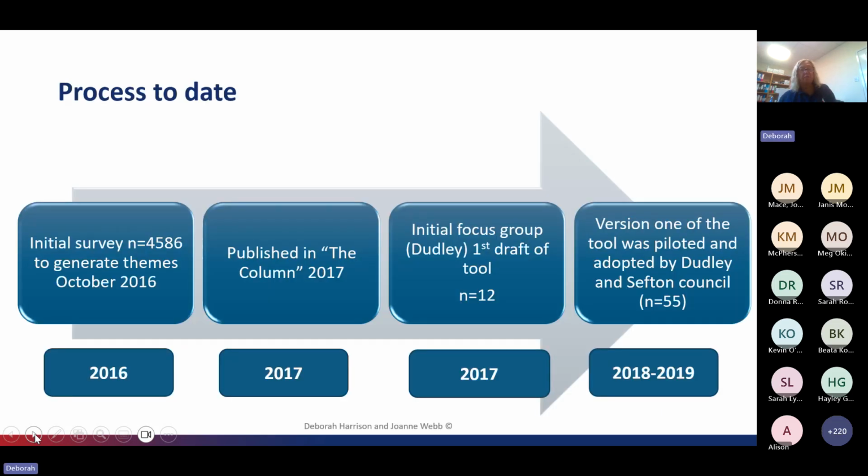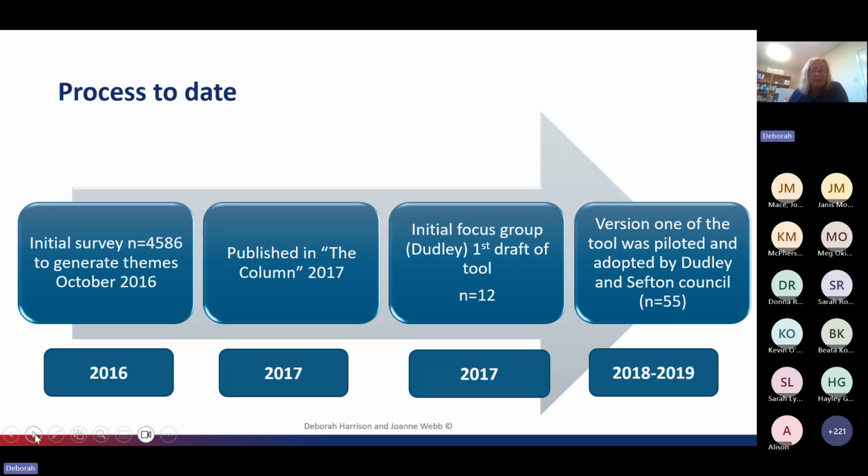So I'm just going to take you briefly through the research process. I've already mentioned 2016, and the original research came from Boynton in 2015. We did that survey of 4,586 people, and we generated themes.